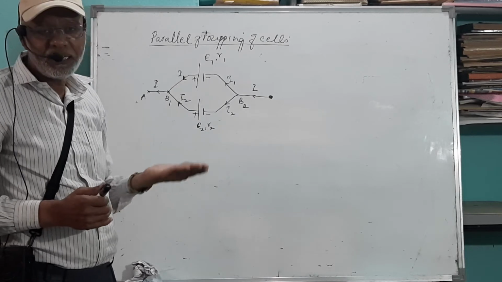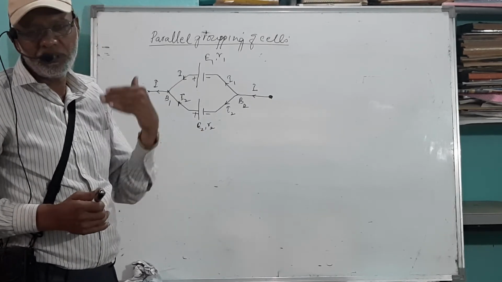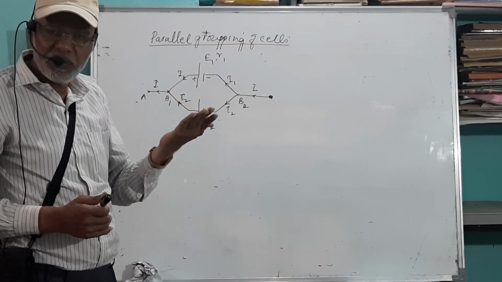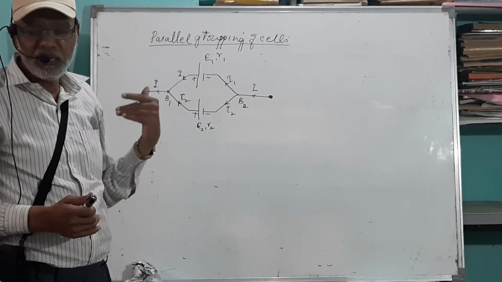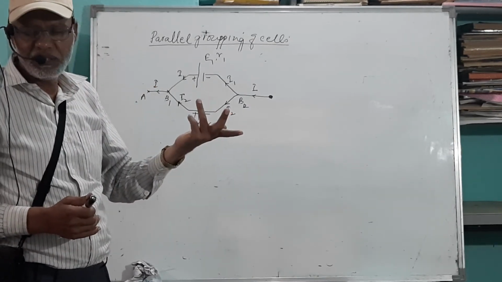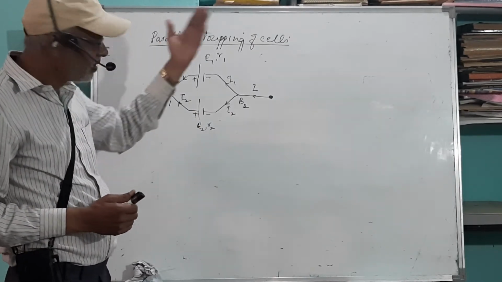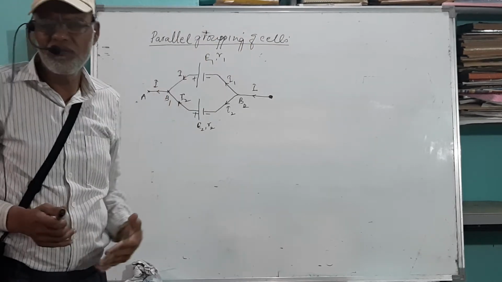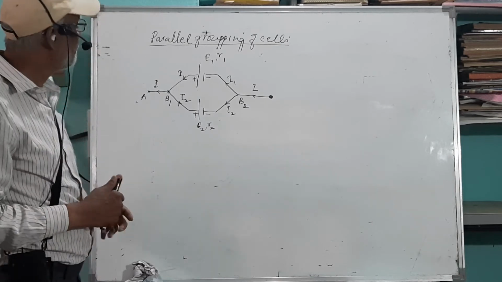Another is on the basis of expression: for series grouping of cells, what is the effective EMF, the equivalent EMF, and what is the equivalent EMF for the parallel combination of cells. Similarly, on the basis of the definitions of parallel and series grouping, you can write 3-4 differences between the series and parallel grouping of cells.